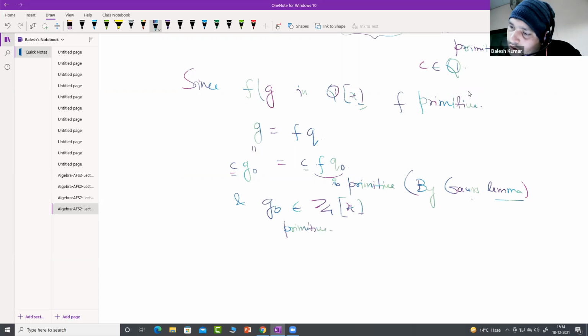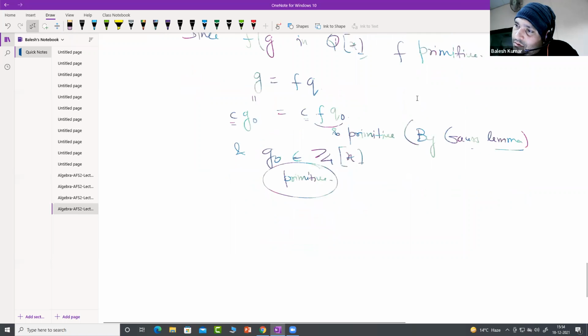Now our aim is to somehow say that C is an integer. Can you now guess how one can say that C is an integer? That's very obvious from this. So this implies that C belongs to Z. Now can you tell me why?